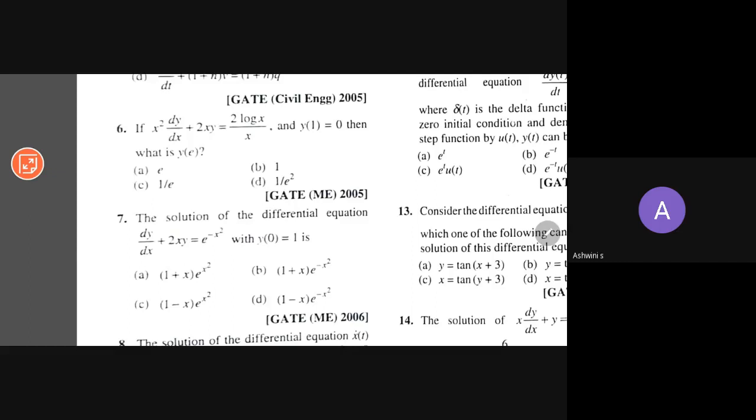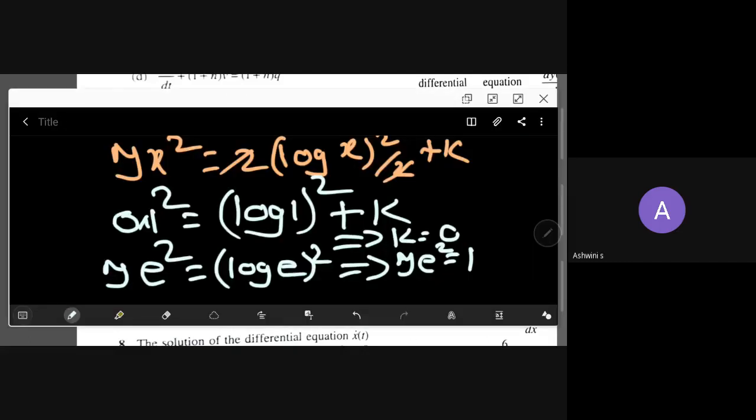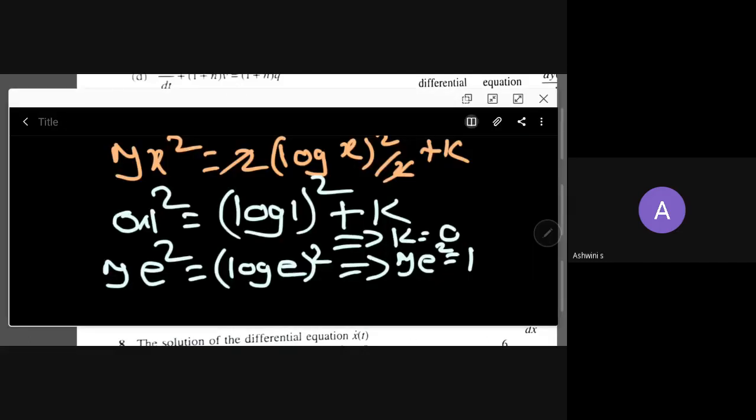That is what I am saying. So you have B and D. Among B and D, you need to choose the correct answer. Don't go for solving it. See, without solving how to get it, now I am explaining. This is another strategy.